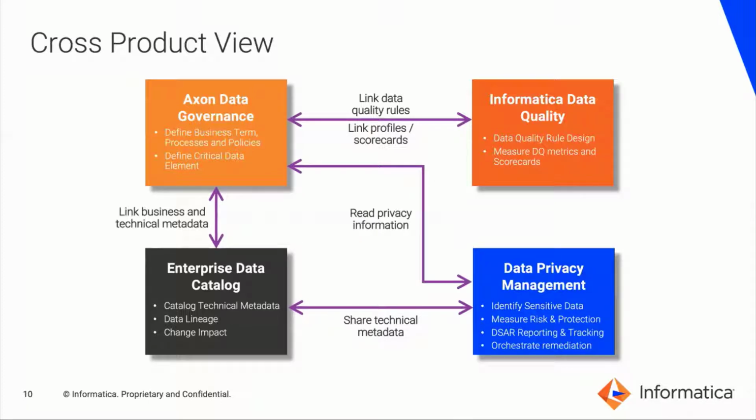EDC will tell you that customer data is these 3 fields, and these are there in these 4 systems or resources. Now you will go to Axon and say we will use validity, we will use completeness as the measure for this field or this glossary term, right?